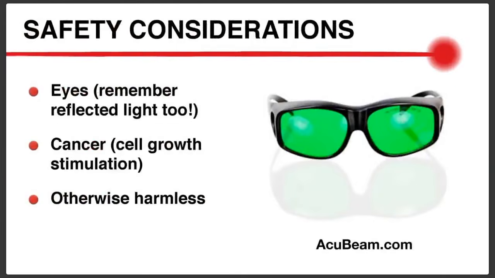Now, other safety considerations when you're looking for a laser, first of all, consider the eyes. What do you need for protective glasses? You can see that I've got a picture of some glasses here on the screen. These are a special safety glass that we have at acubeam.com.